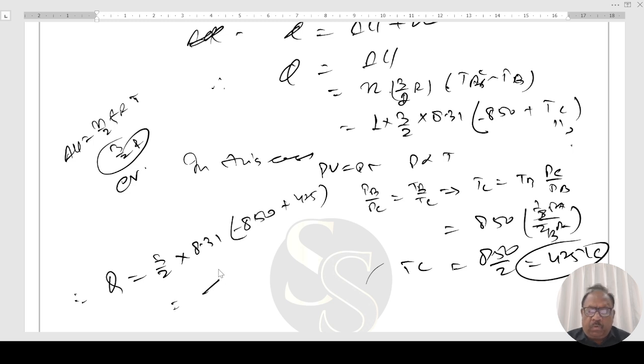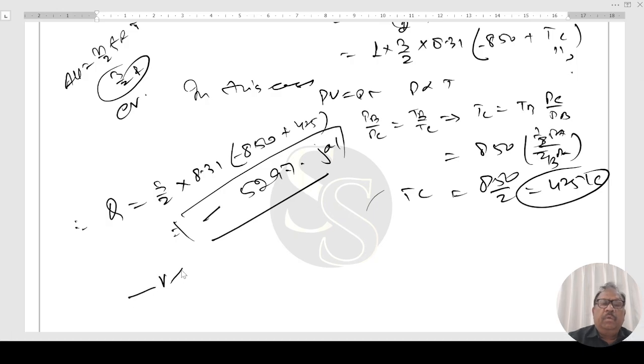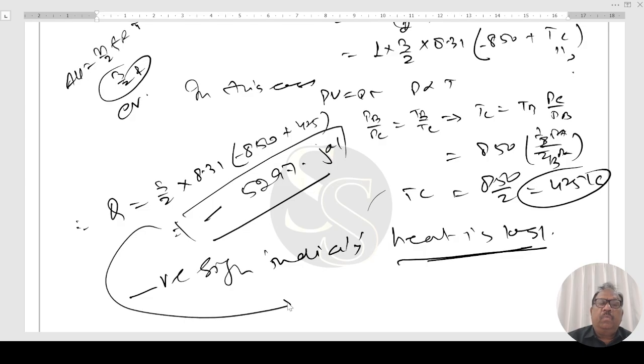So on simplification, this comes out to be minus 5297 point something joule. The negative sign indicates that heat is lost by the system. Heat given to the system is positive, heat taken out is lost. So this is the answer for part 2.